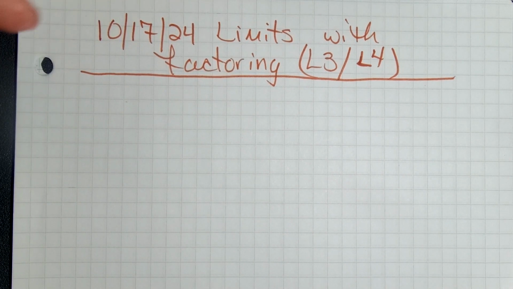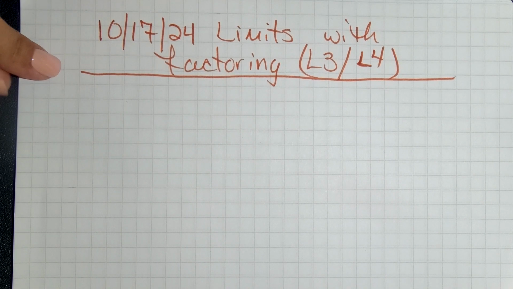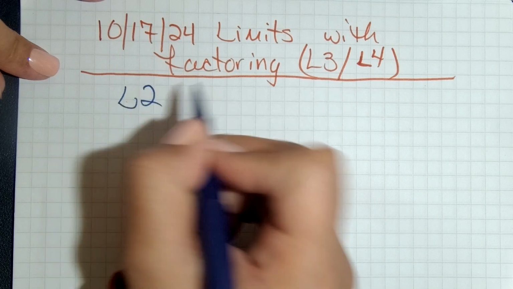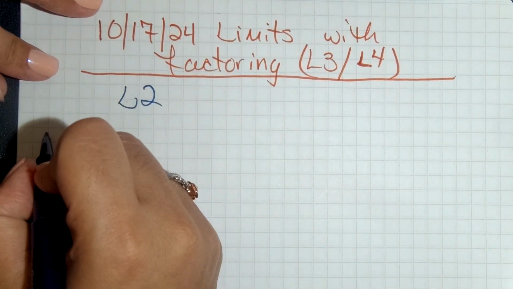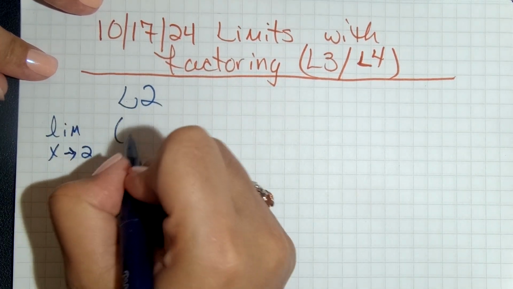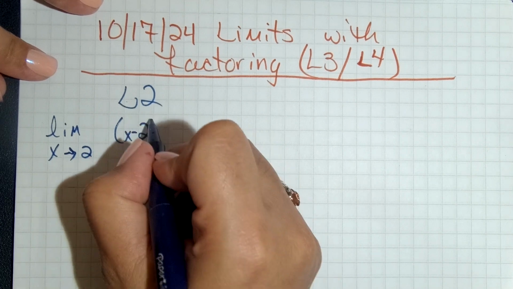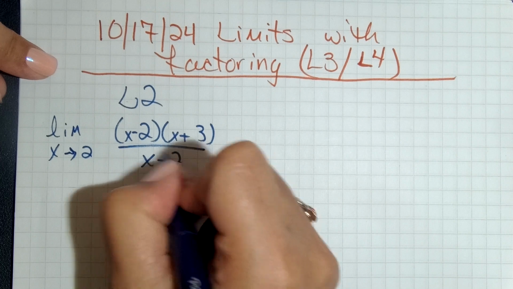For level 2, we just finished level 2. We did a quiz yesterday on level 2. I'm going to show you the difference between level 2 and level 3. Level 2, we had the limit as x approaches 2 of (x minus 2)(x plus 3) over (x minus 2).